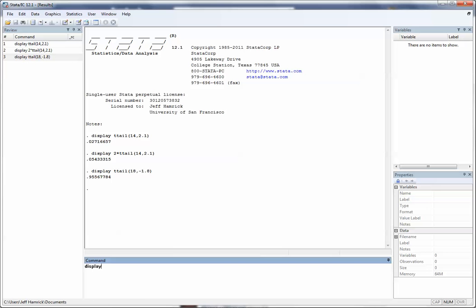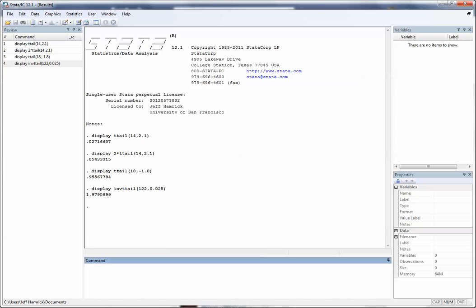Okay? So the inverse t-tail function in Stata works with exactly the same conventions in mind. If I type display and I do inverse t-tail, once again, the first thing I need to do is specify a number of degrees of freedom. So let's say that's 122 degrees of freedom. If I want the critical value that leaves, let's say, 2.5% probability in the right tail, which is what I would want for a 95% confidence interval, this is the command that I need.